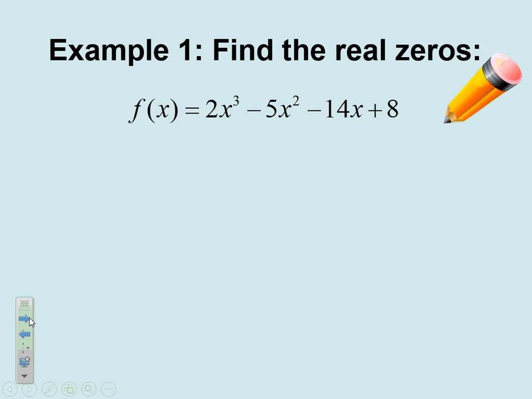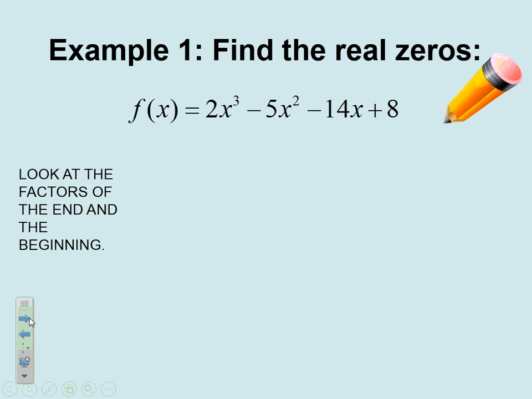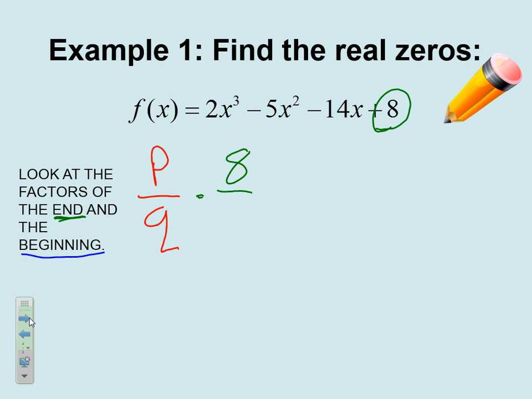First thing we have to do is look at our factors of the end and the beginning. So we have to find our P and our Q. Our P comes from the end. So we're going to look here at the end. This is my P, so that's what I'm going to put up front, 8. My Q is the beginning. That's my leading coefficient, 2.